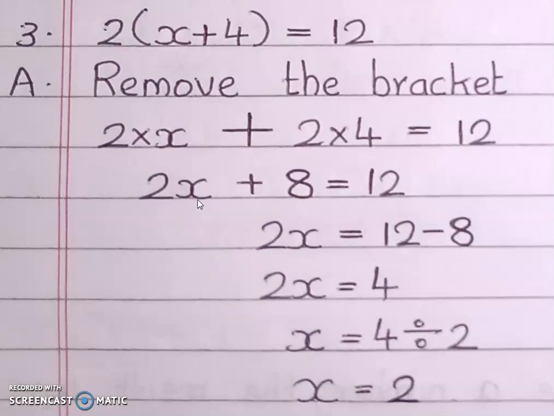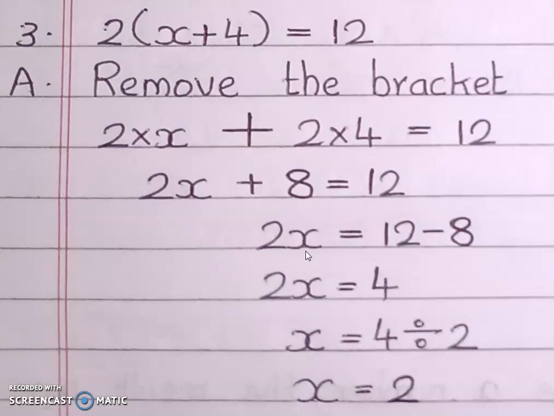So what will I get? 2x plus 8 is equal to 12. Now, as usual, transposing method. Plus 8 comes to the other side. So what will happen?